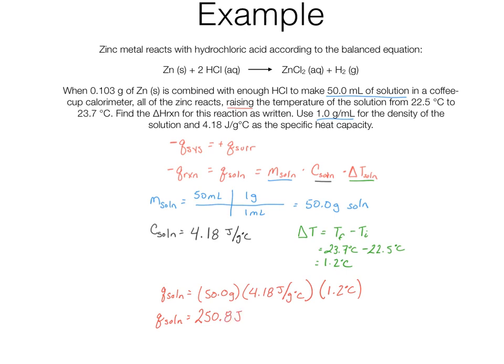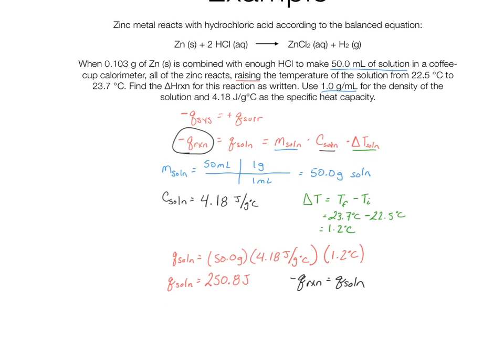But this isn't exactly what we were looking for. We were actually looking for this enthalpy of reaction. And we know that negative Q of the reaction is equal to positive Q of the solution. And so Q of our reaction is going to be equal to negative 250.8 joules.